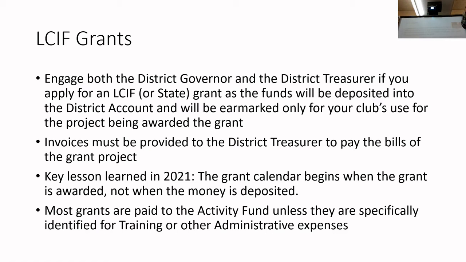Now, the reason why I say you need to engage the district treasurer, and I've talked to the Quest group and I've talked to LCIF about this: I get contacted when it's time to scramble. I'm good at scrambling, but I make more mistakes when I scramble. And so does everyone else. I have to provide them 3 documents of information, and usually the club is waiting for the grant.